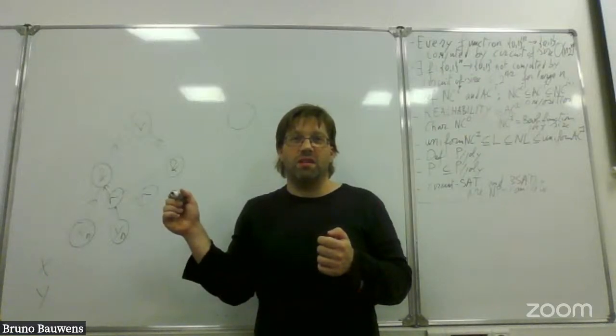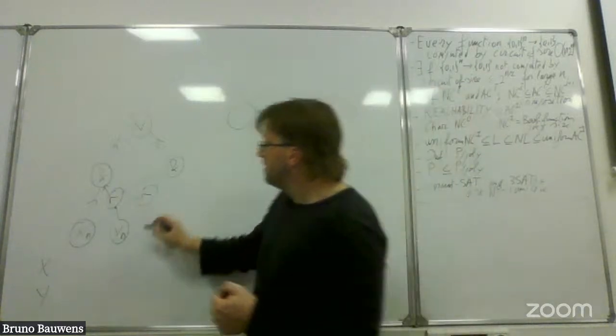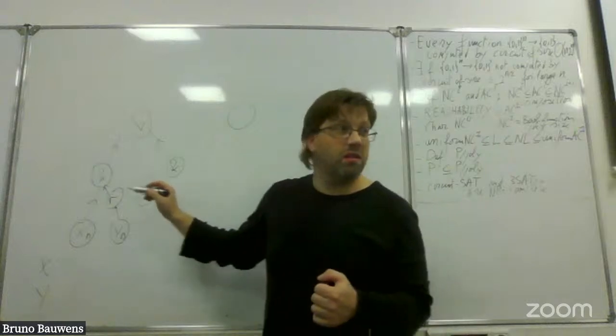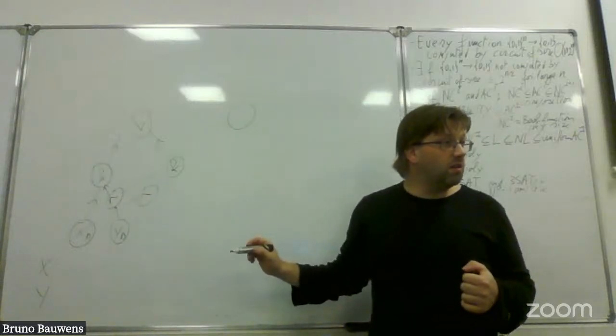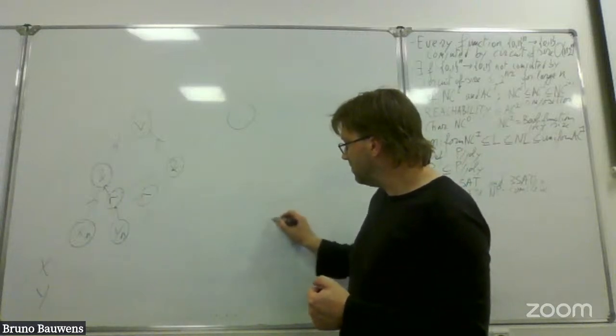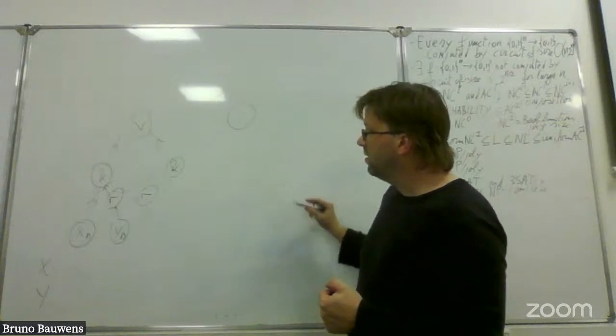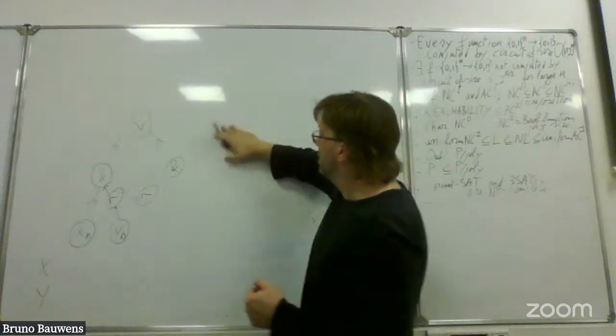So one addition has depth n, where n is the number of bits, and we need to do n additions, so it's n additions of n-bit numbers. And each addition is linear.